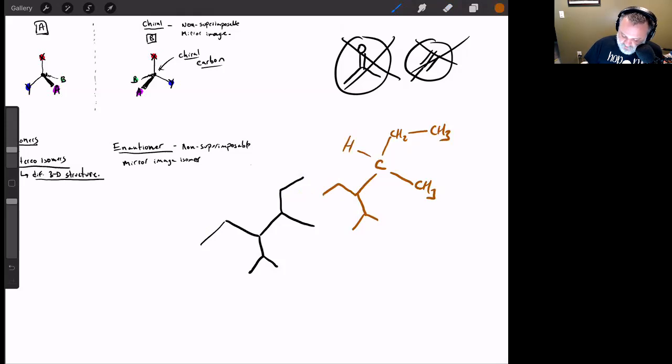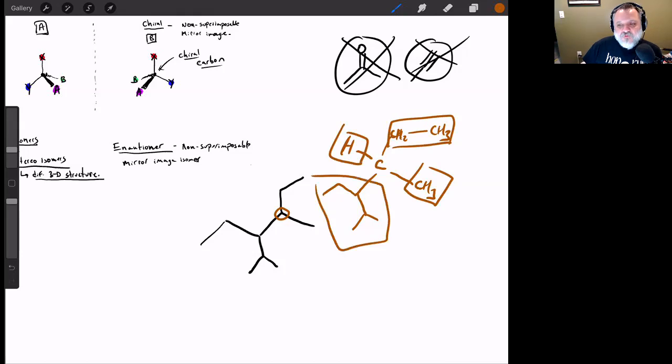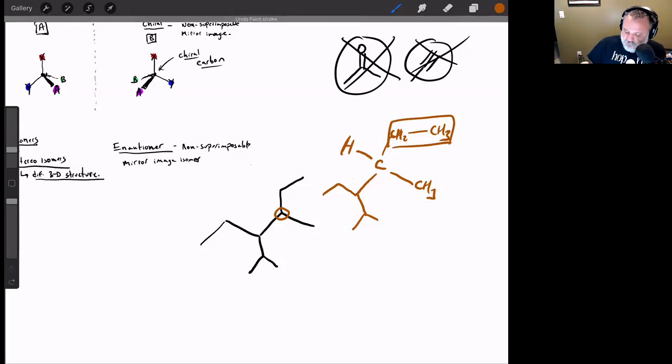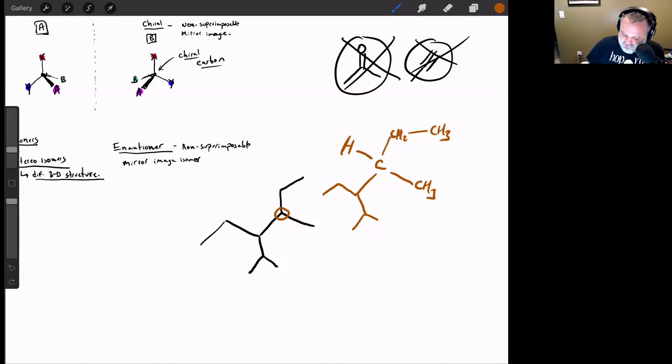So when we look at this carbon, we see that it's connected to a hydrogen, an ethyl, a methyl, and then usually I just say something like, and this mess. And those 4 things are not the same. Since those 4 groups are not the same, we can conclude that this is a chiral carbon.